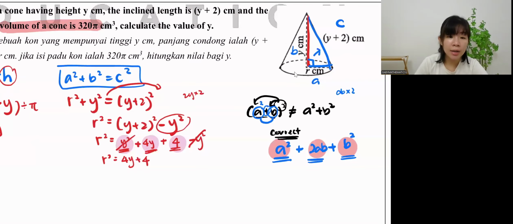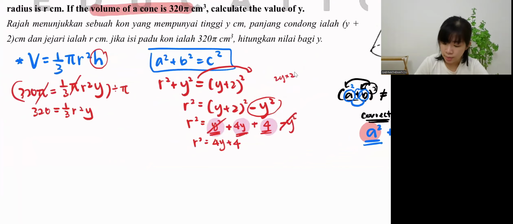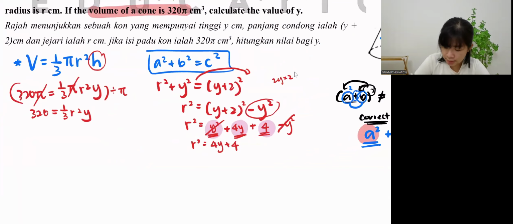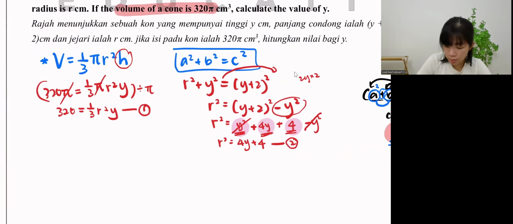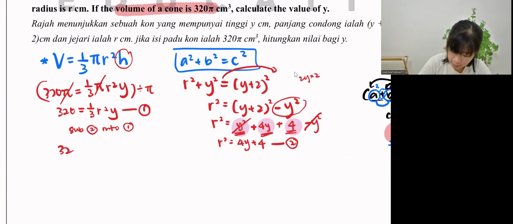We don't need to find r. We need r square. Let's say I call this equation 1. This, I call equation 2. So now, sub equation 2 into 1. Okay, we continue. 320 equals 1 over 3.